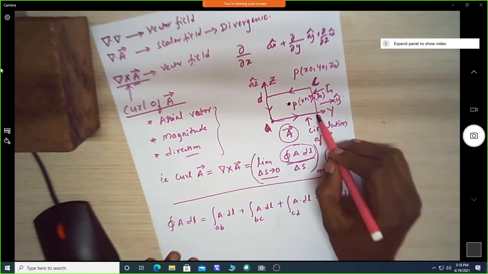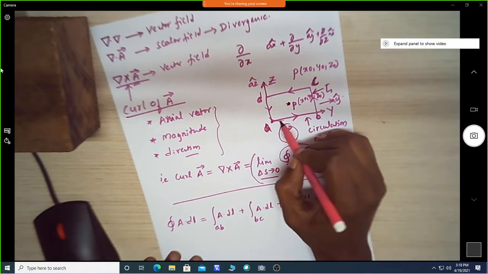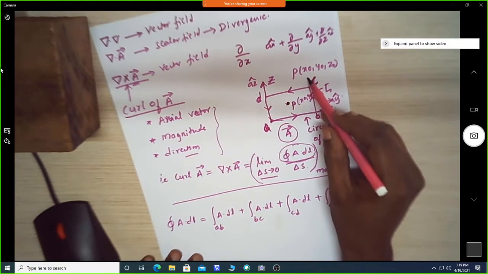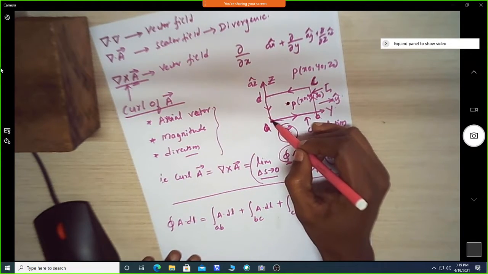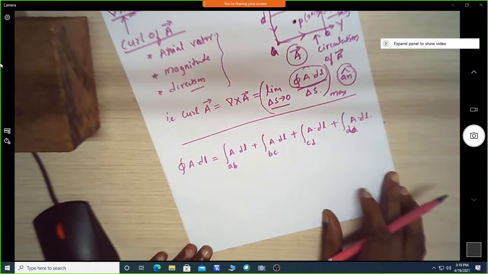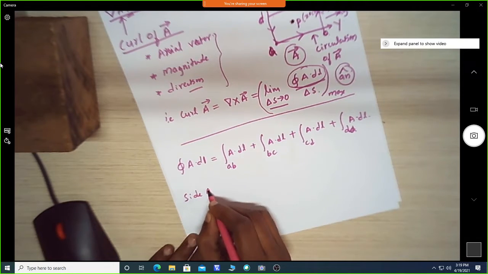You can see here that the line integral runs in the positive a_y direction and negative a_y direction, similarly the positive a_z direction and negative a_z direction. We will express that in terms of the Taylor series expansion about this point. First, let me consider the side AB.